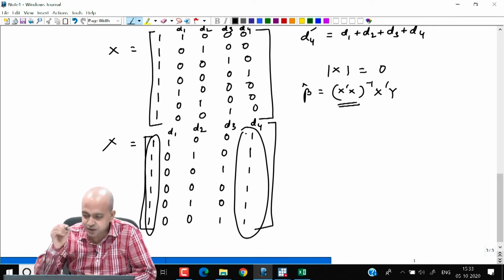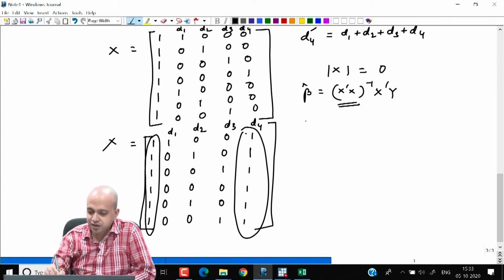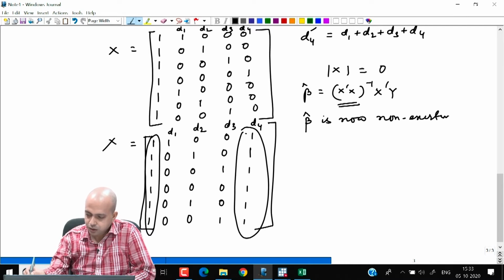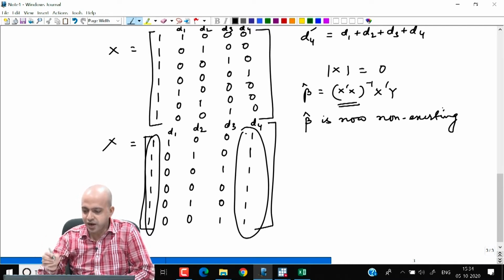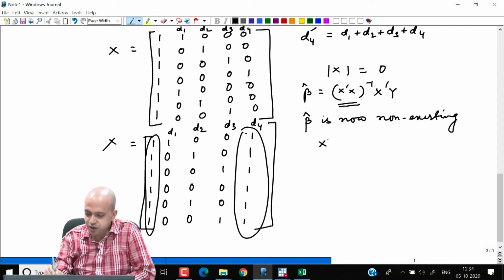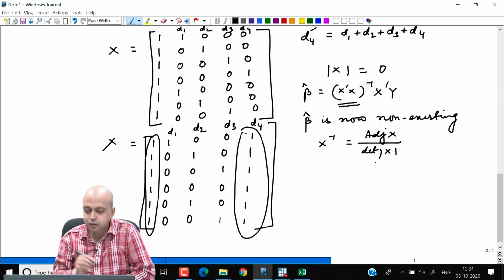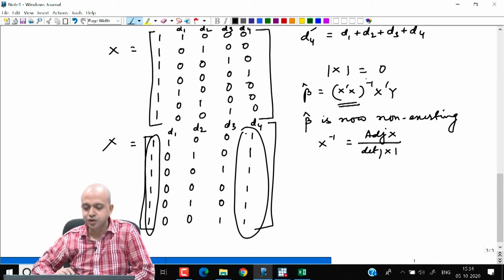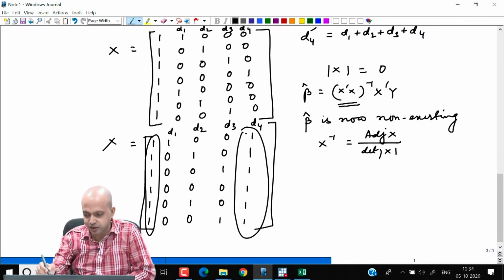The moment the determinant becomes 0, beta hat is non-existent, because X inverse equals adjoint X divided by determinant X, and the determinant of X is 0.